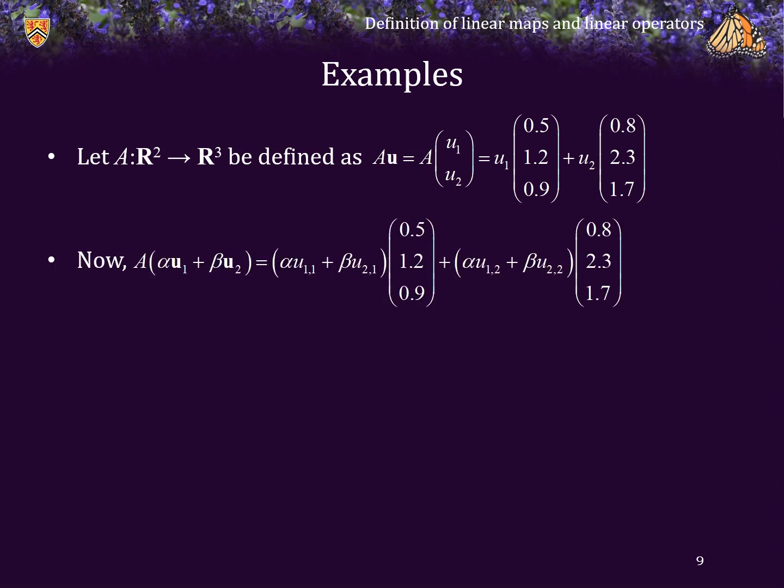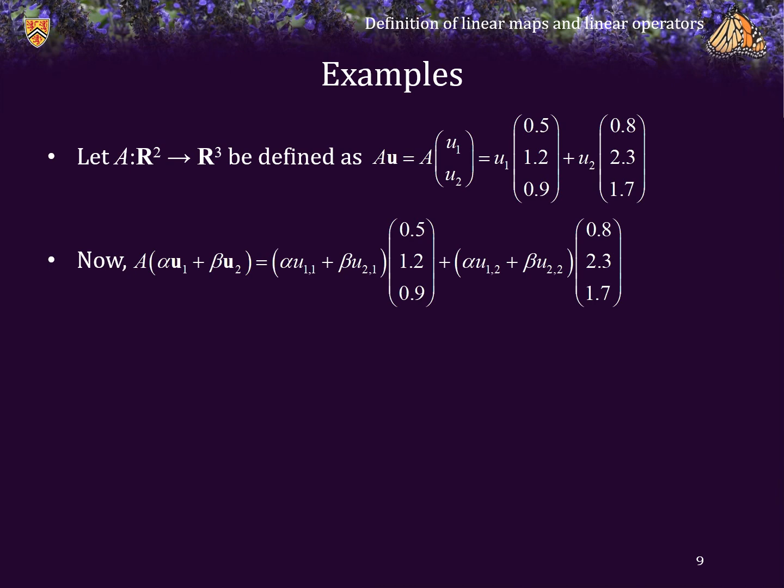Now, if we apply the mapping A onto alpha times u1 plus beta times u2, well, that's the same as multiplying the first vector by alpha times the first entry of u1 plus beta times the first entry of u2, plus alpha times the second entry of u1 plus beta times the second entry of u2 times that second vector.